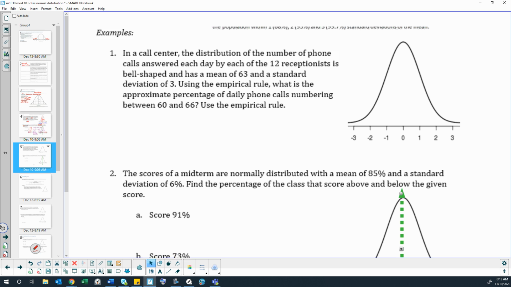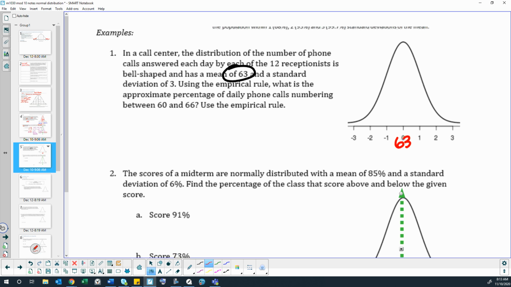Okay, so when we have a problem, so this fits anything, right? When we have a problem with specific data, we can now write in some of those numbers. So it has a mean of 63. So on our little graph here, we could write a 63 here for the mean. And it has a standard deviation of 3.